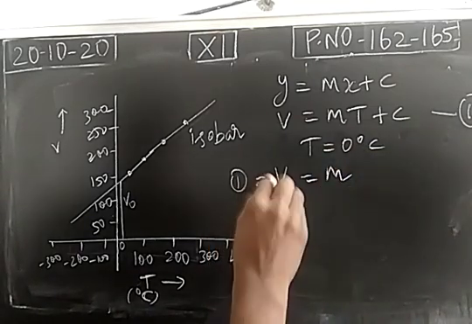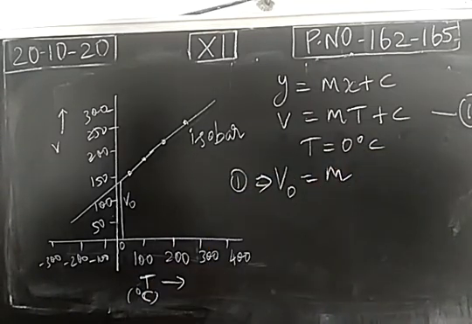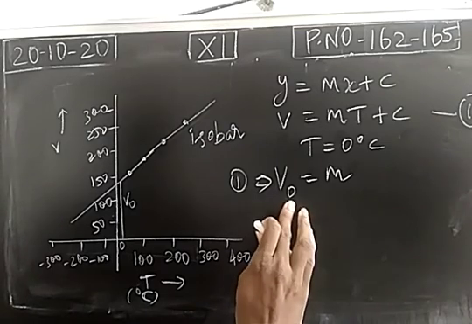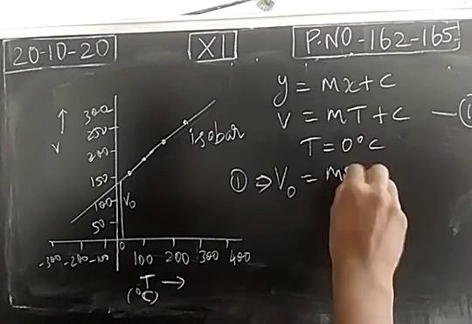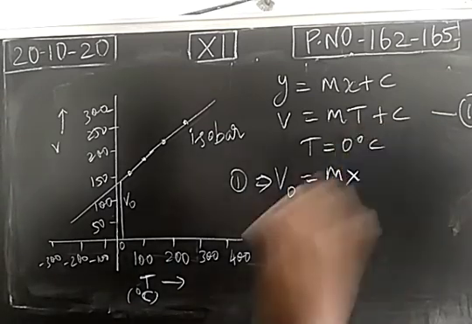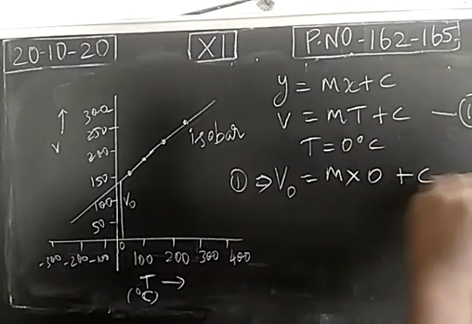Equation 1 is rearranged as, when temperature T is equal to 0, volume will be V0 equal to m into 0 plus c.